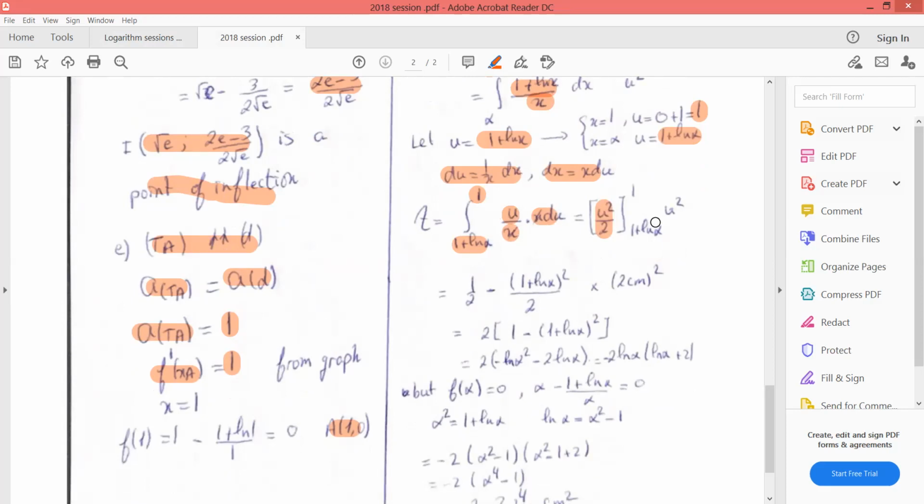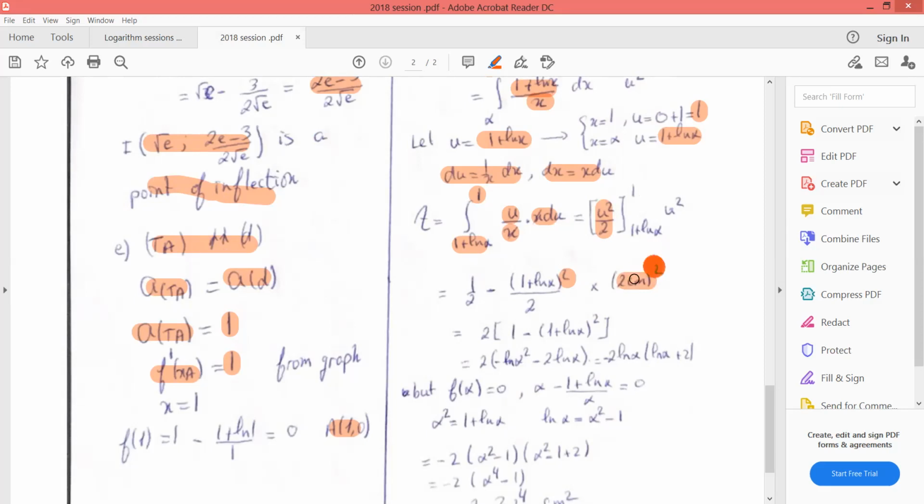So we replace first u by 1, we get 1 over 2. Second time we replace u by 1 plus ln alpha, over 2, squared, times unit square. The unit is 2 centimeters square.